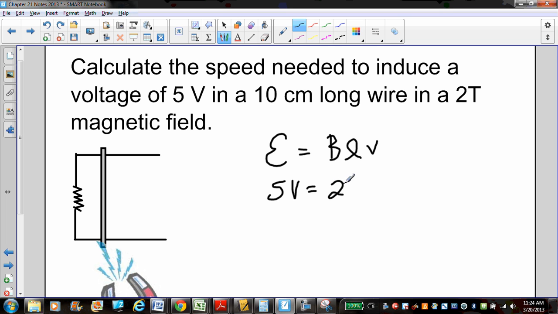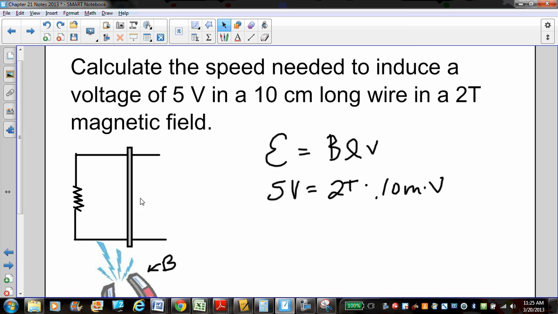We have a 2 Tesla magnetic field induced by this magnet down here. The length of the wire is 0.1 meters. And we want to know the velocity with which we need to move this metal bar in order to induce this 5 volts across the resistor.